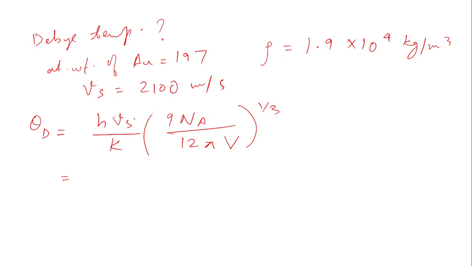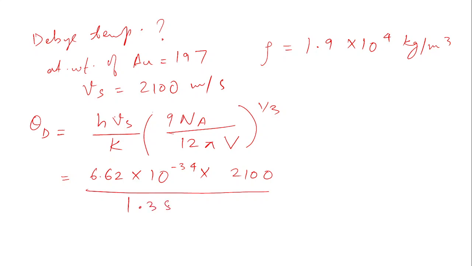After substituting h, we know the value, 6.62 times 10 to the power minus 34. Vs is given as 2100 meter per second, and the Boltzmann constant is 1.38 times 10 to the power minus 23 joule per Kelvin. For Avogadro's number, Na is 6.02 into 10 to the power 26, because we are converting it into kg.